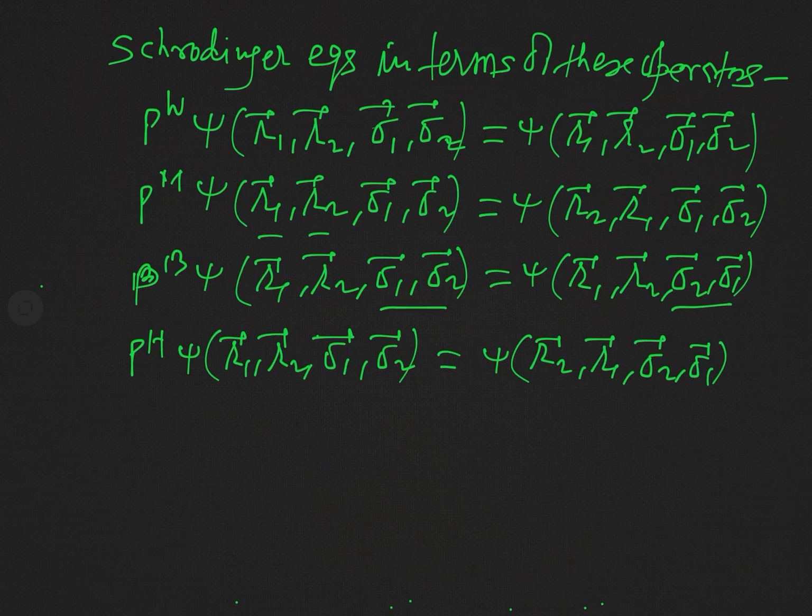Now, you must see these wave equations, and from them we can easily find some properties of these operators. You can see that P_W is equal to 1, and in fact this is an identity operator, or you may say identity matrix.